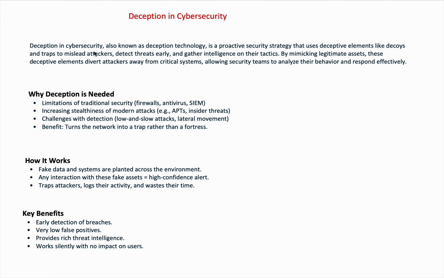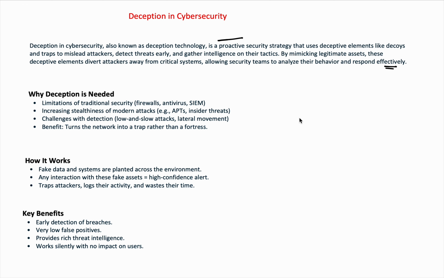Deception in cybersecurity, also known as deception technology, is a proactive security strategy that uses deceptive methods like decoys and traps to mislead attackers, detect threats early, and gather intelligence on their tactics by mimicking legitimate assets. These deceptive elements divert attacks away from the critical systems, allowing security teams to analyze their behavior and respond effectively.